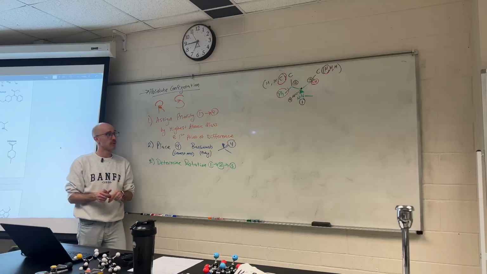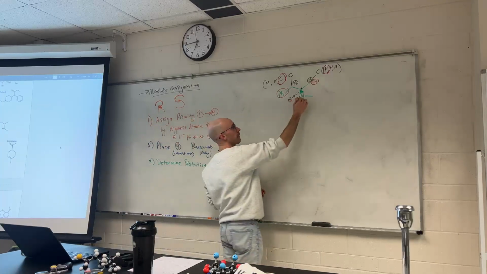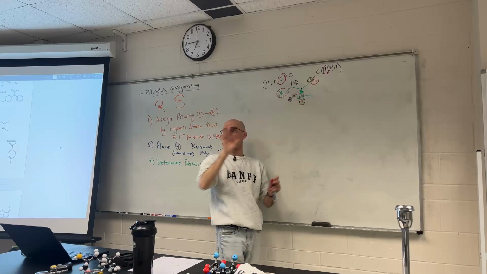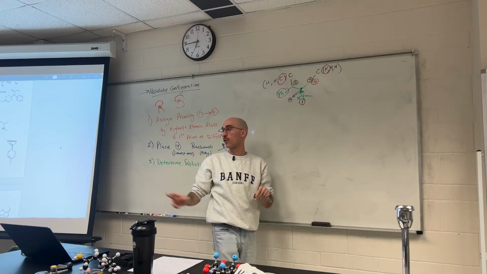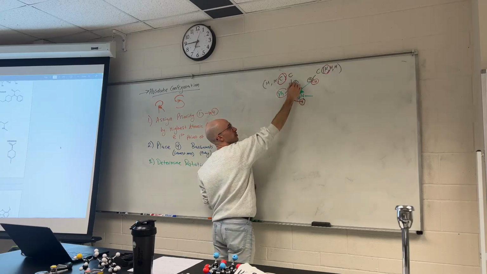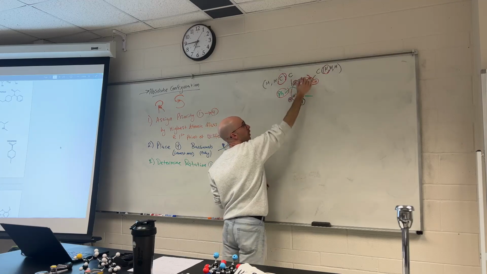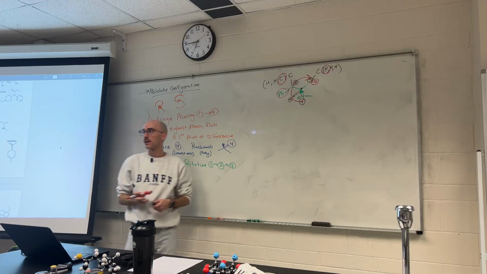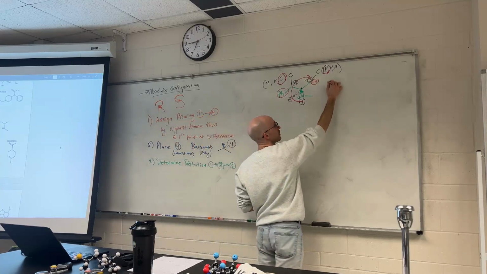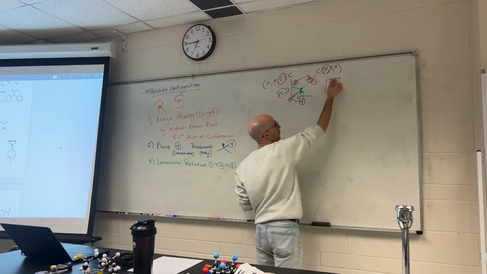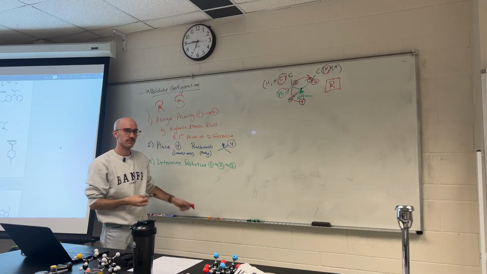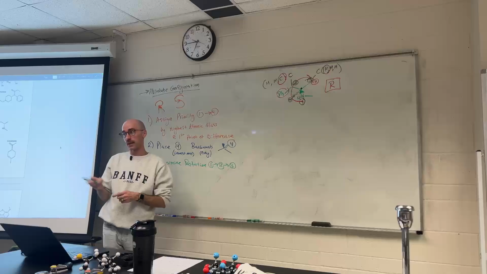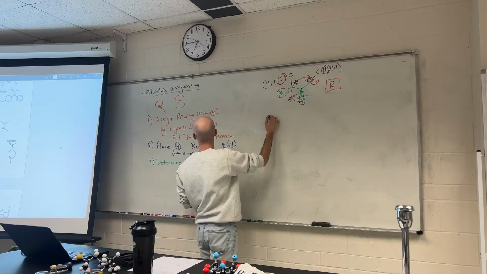Then determine rotation 1 to 2 to 3. Here's 1. I'm ignoring 4. I'm not paying attention to 4. Here's 1. Here's 2. Here's 3. What direction is that? Clockwise. This configuration is R. Here's a fun little trick about absolute configurations.